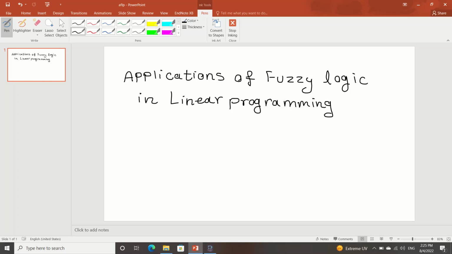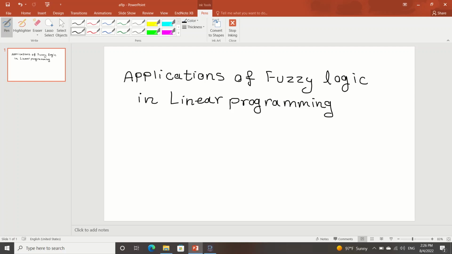Since this discussion is about integration of the fuzzy logic and mathematical programming, especially linear programming, I recommend you to study operational research, especially linear programming, as well as the fuzzy logic.